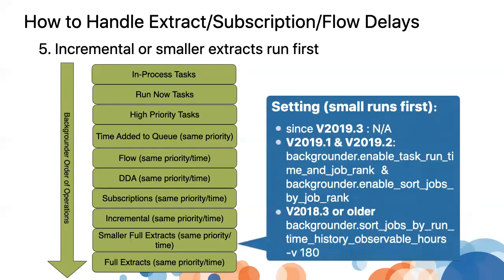If you're using an older version of Tableau Server, of course you should upgrade. But if you're using a very old version, you will have to do something with a TSM configuration command to enable the smaller extracts to go first. Again, since 19.3, nothing needs to be done.